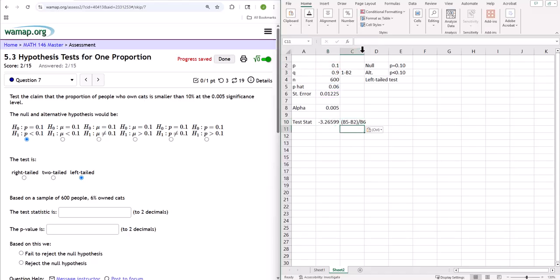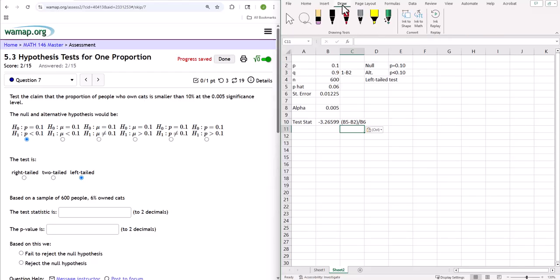So, again, I like to find the test statistic first before I do the picture here. But our picture here, since I want you to draw it, I'm going to draw it, and we'll see how this goes. I've got a normal distribution. Proportions are normal. My test statistic is -3 point something. And this is partly why I like to draw it after.